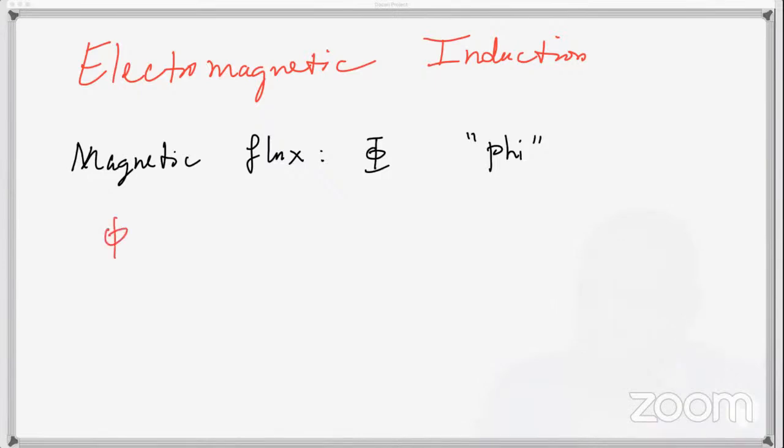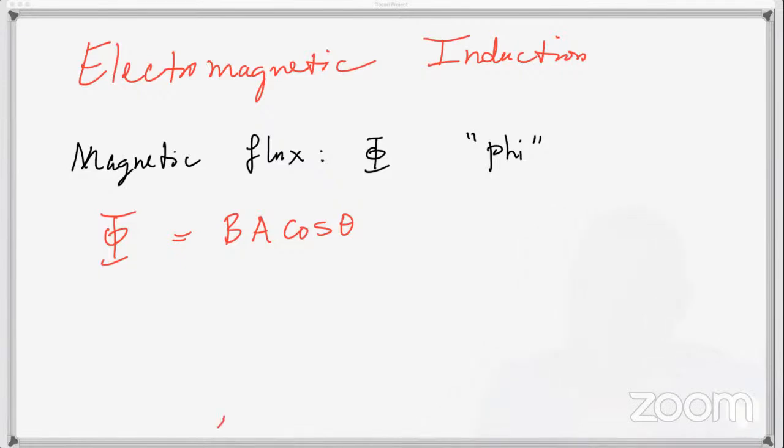The magnetic flux is equal to the magnetic field density, B, multiplied by the area, multiplied by the cosine of the angle between the area, or the direction perpendicular to the area, and the magnetic field.